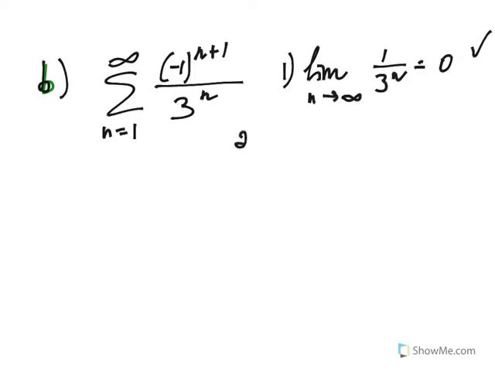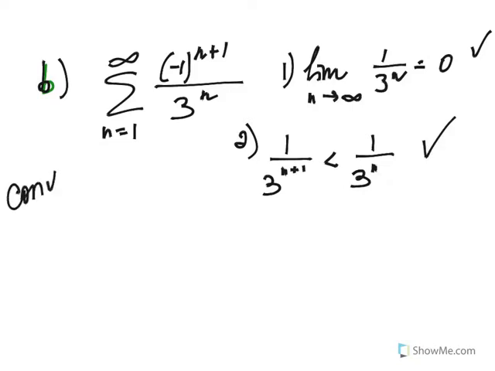So that works. And then the second condition, 1 over 3 to the power of n plus 1 should be less than 1 over 3 to the power of n, and that also works. So that means so far our series is convergent.